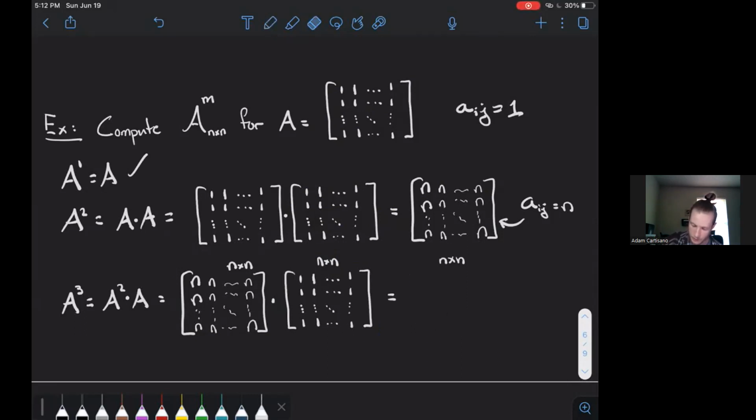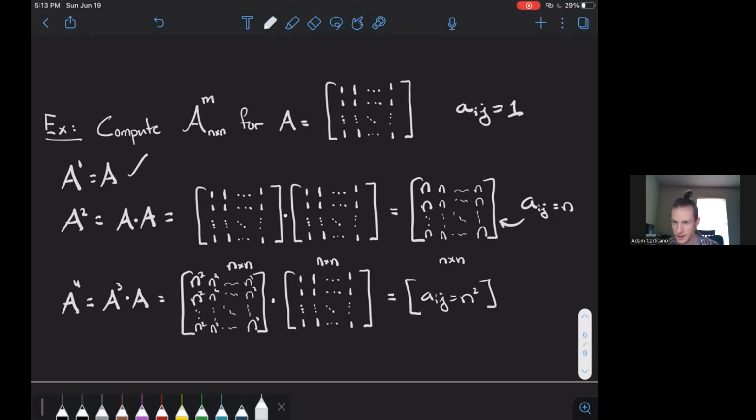So a_ij equals n squared. You know what we mean by this. If we then do the next one, well, now we just put squares on all these. A to the 4th is just A cubed times A. And now what are we doing?